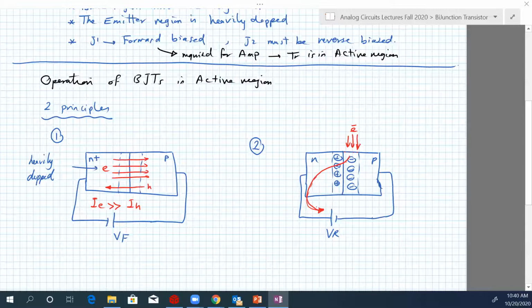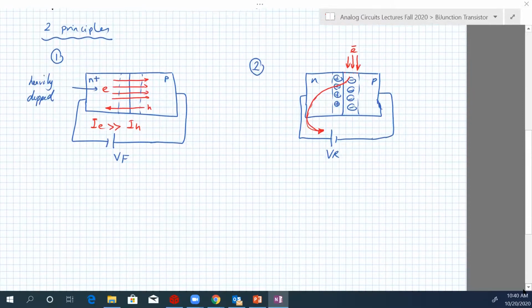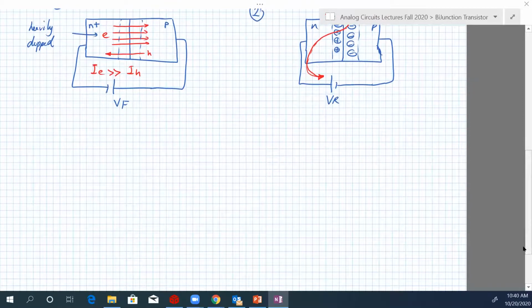So you will see current at that point, although it's a reverse bias junction, but this current came from outside. It's not from the junction itself.